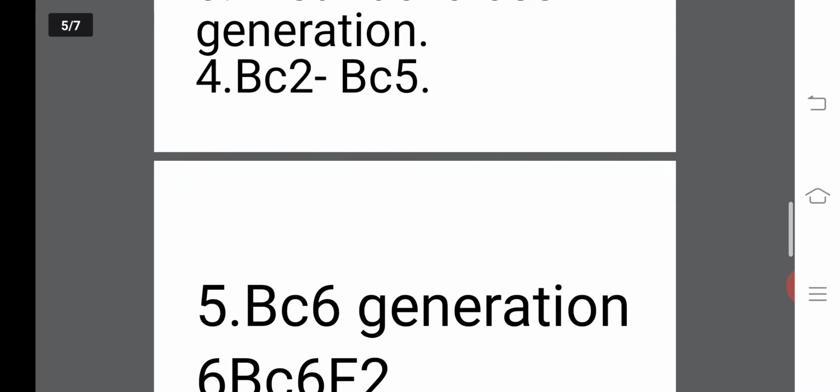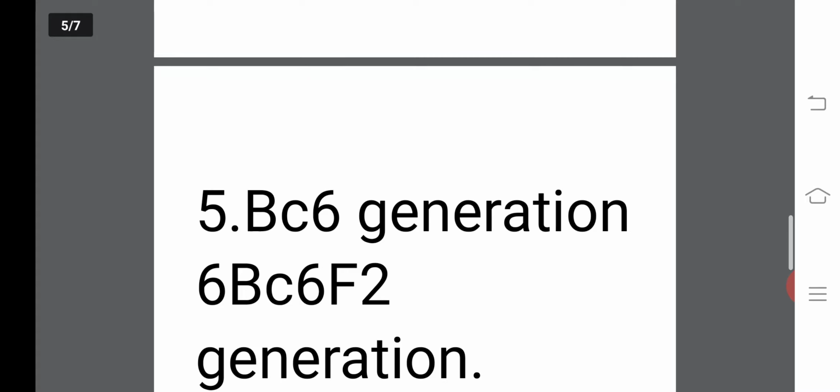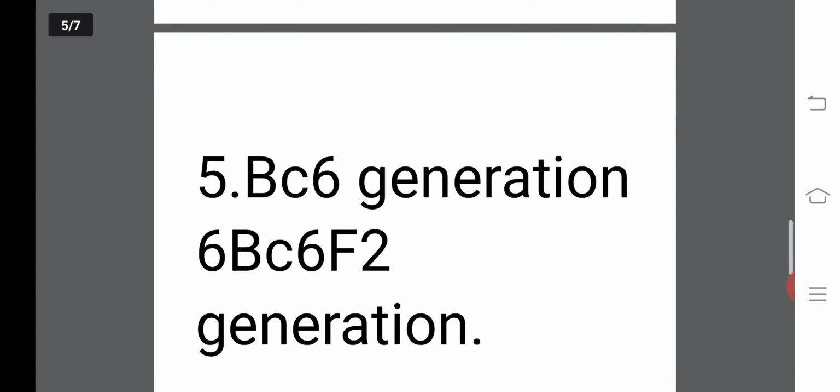In the BC6 and BC6F2 generation, individual plant progeny from the self seeds of the selected plants are grown. Rust resistant plants similar to the plant type of variety A are selected and their self seeds are harvested separately.